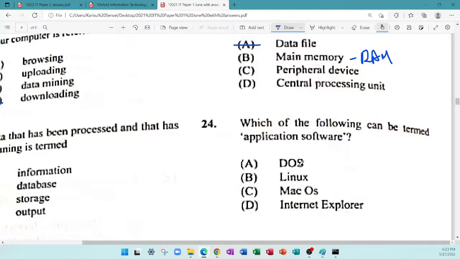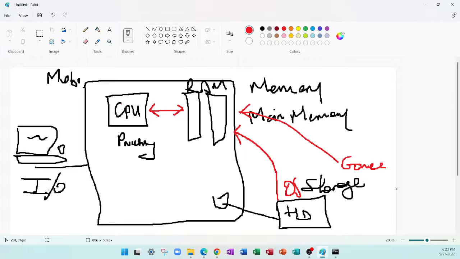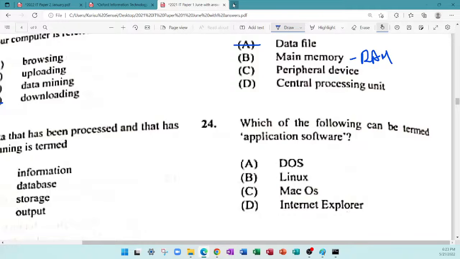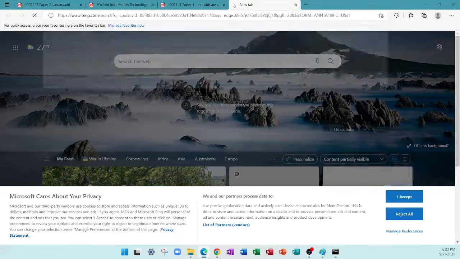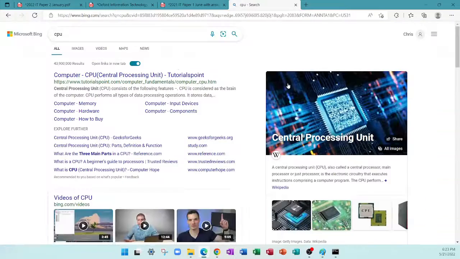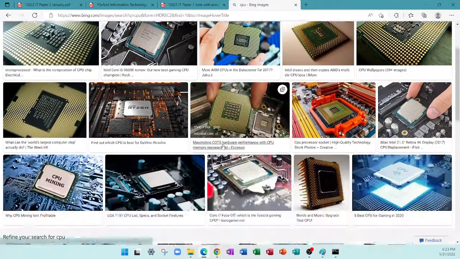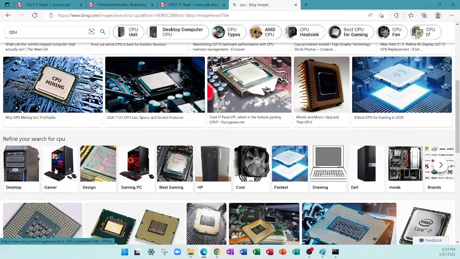It is the chip. Remember the image I drew? This is the CPU on the motherboard. So that's why the definition says outside of the CPU, basically outside of this chip here.